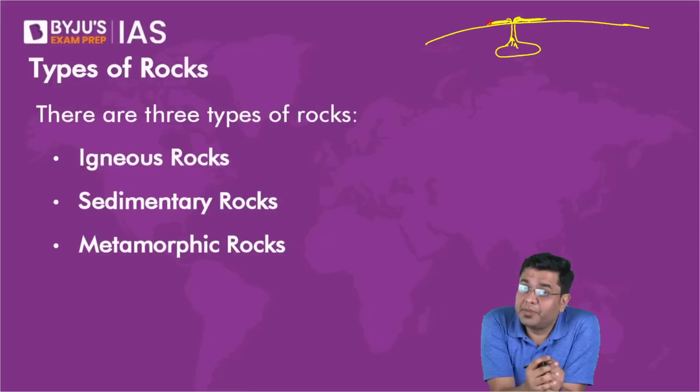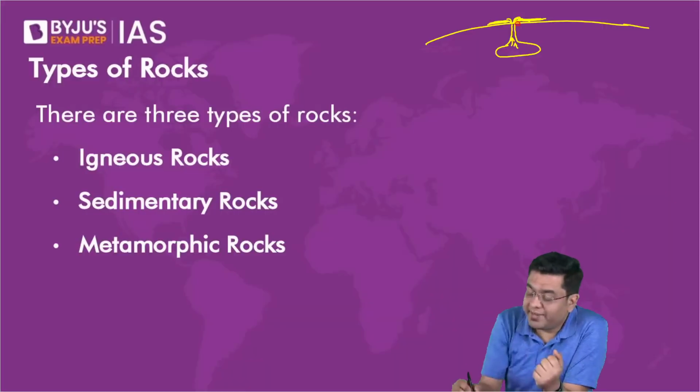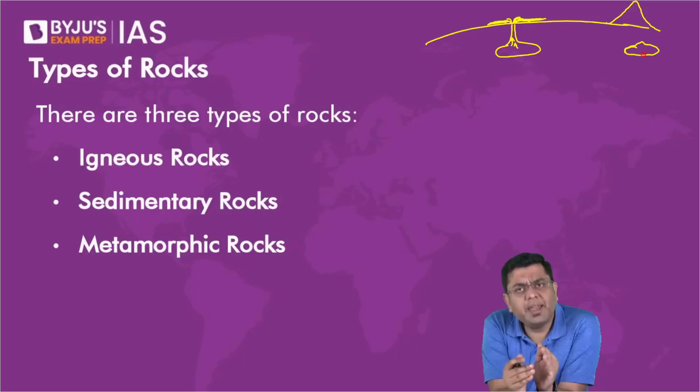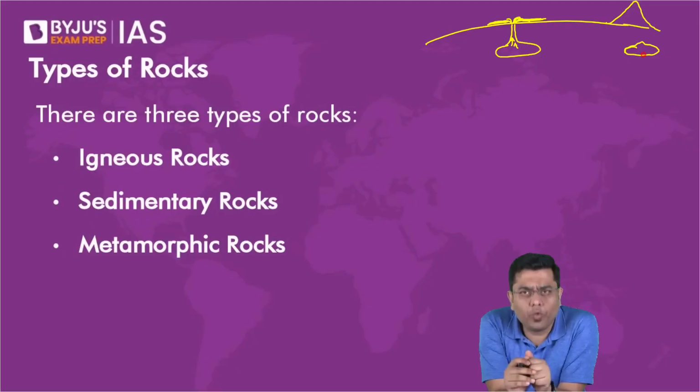But sometimes, let's suppose there is a large mountain like the Himalayas, and the molten materials are unable to come to the surface. So they will solidify in the interior itself, in the region of the crust or the upper mantle. But that solidification process will be very slow. So, depending upon where that solidification takes place, you have a categorization of igneous rocks as well.